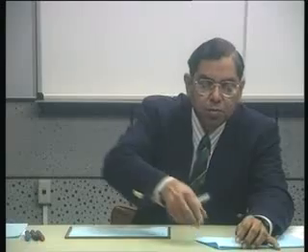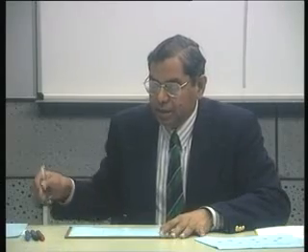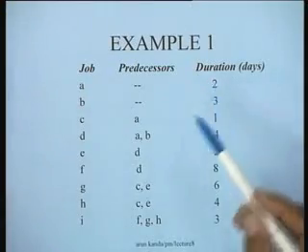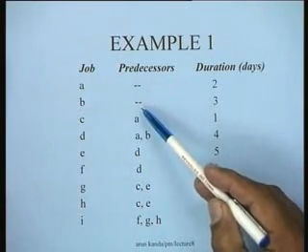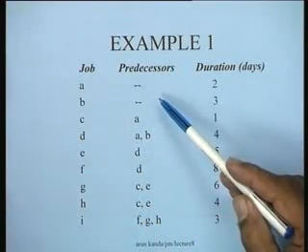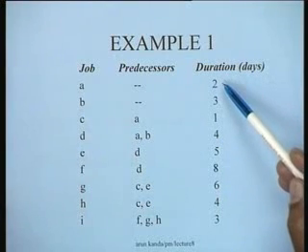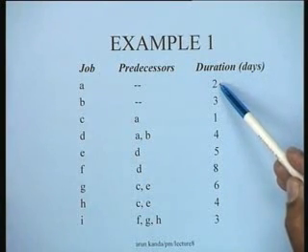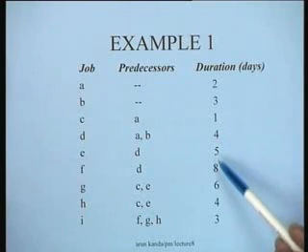Now what we will do is take an example, where the predecessors for each of these jobs are identified as shown in this list, and we are assuming that for each of these jobs we have estimates of the duration of the job in days, and these estimates are given in this particular list.